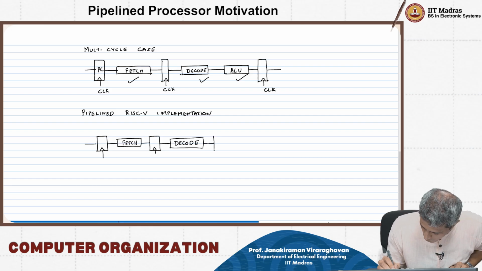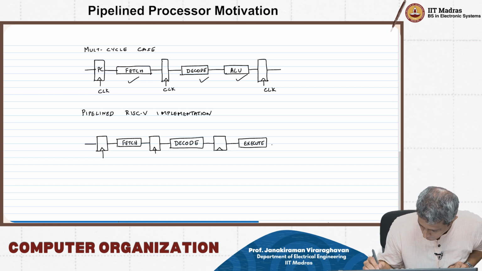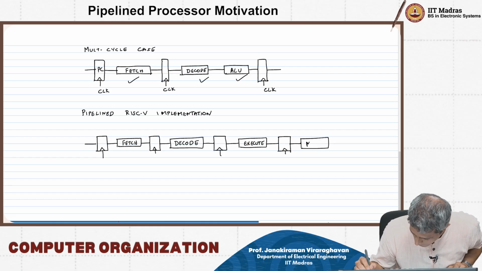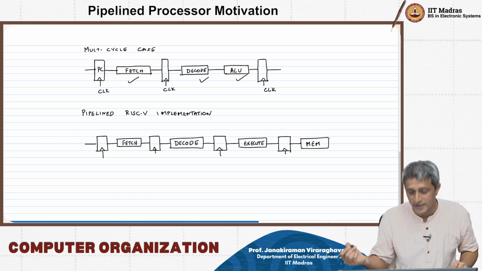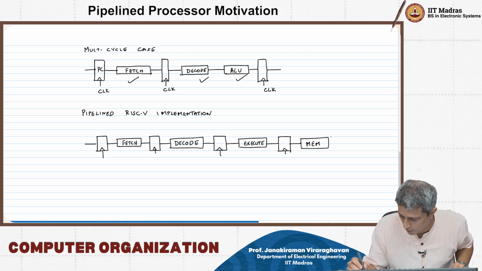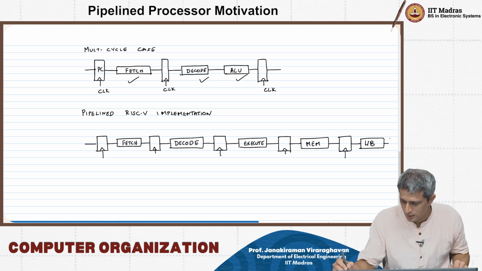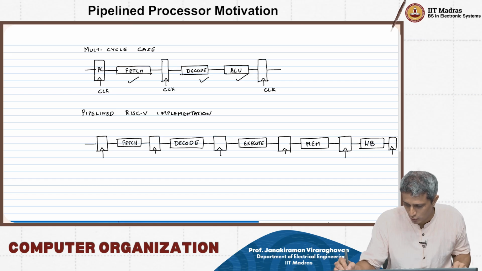Then I have my execute, and then I have memory. Again, memory read is the slowest operation there. Then I have register write back, and eventually it goes back to this whole thing.